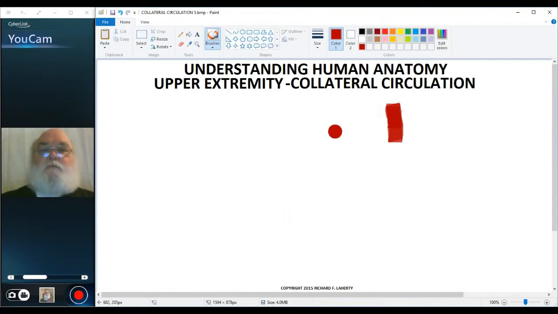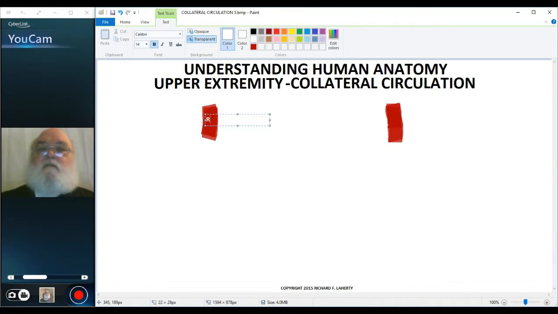Draw in a little piece of ulnar artery, little piece of radial artery. Put some labels here so we keep them straight.